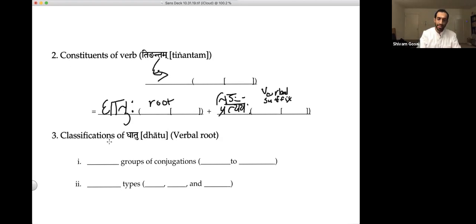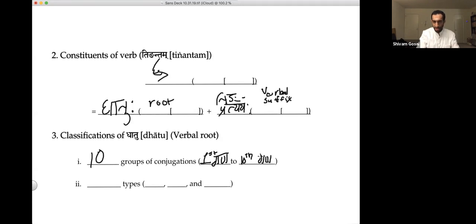The first is that there are 10 groups of conjugations. The dhatu is separated into 10 different groups based on how they conjugate, from the first gana to the 10th gana.